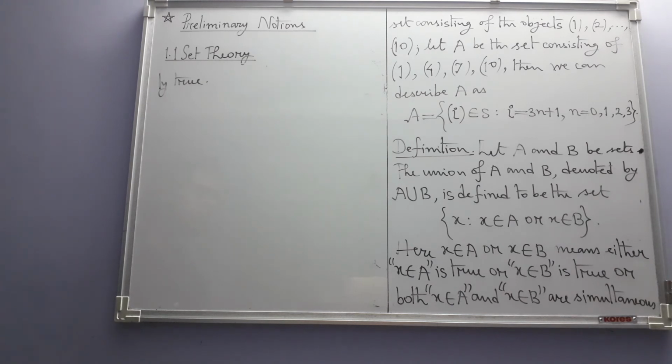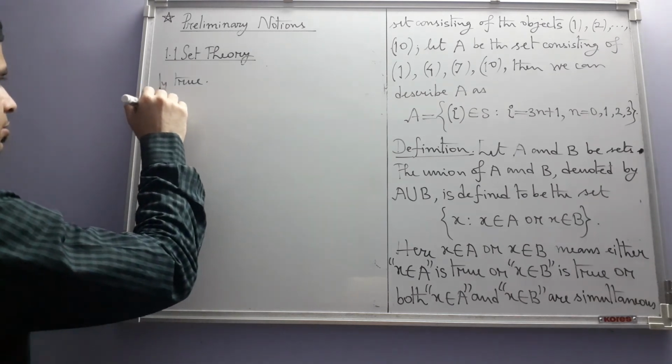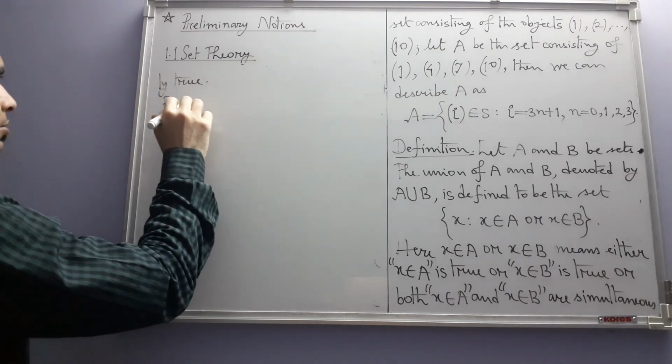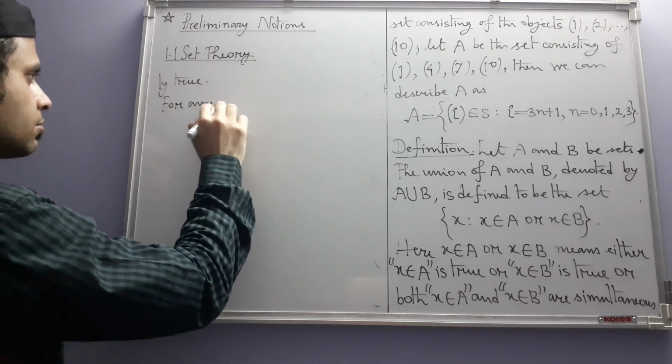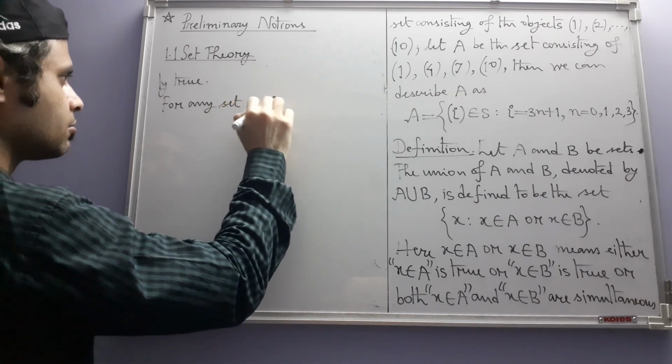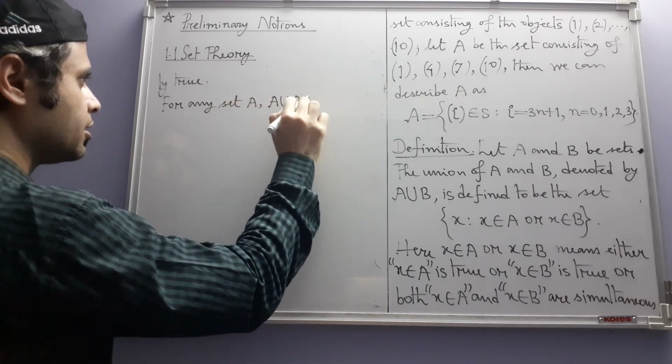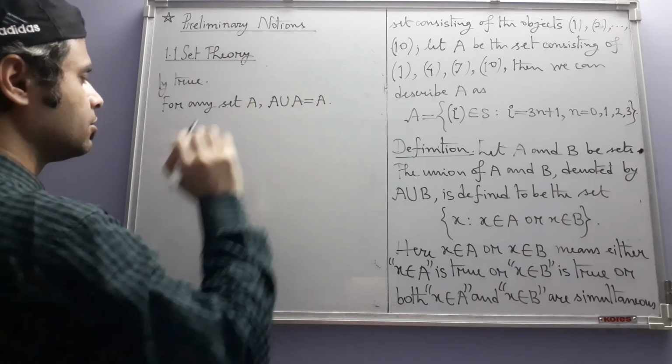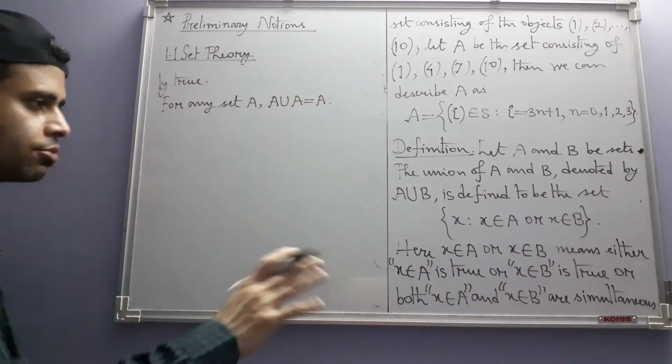Okay, so now let us take some examples of unions. For any set A, A union A equals A. Why that is the case, you convince yourself.